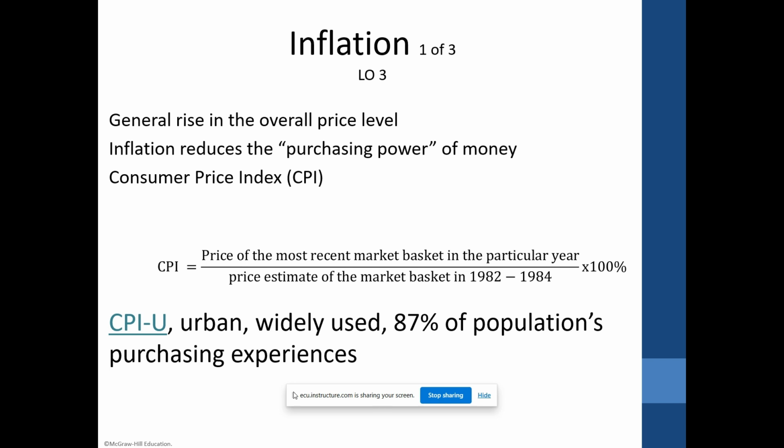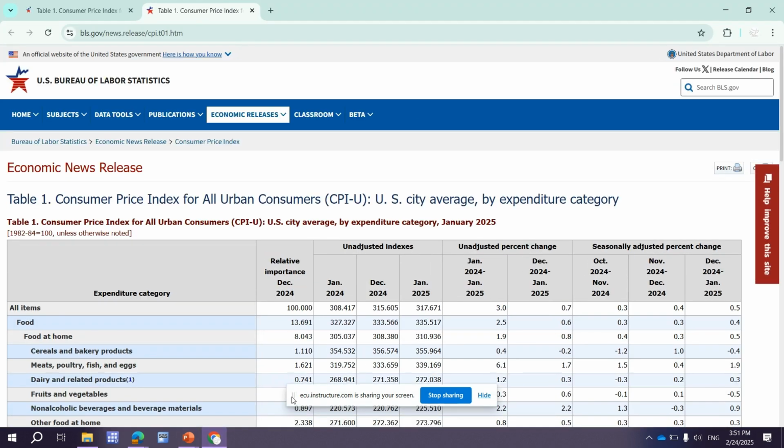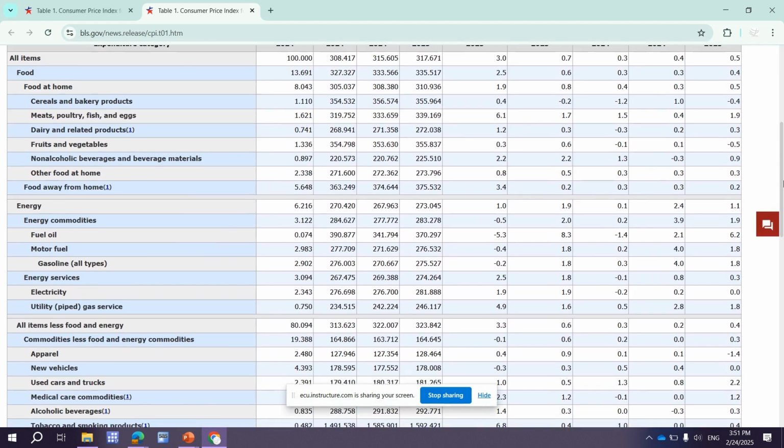The Consumer Price Index for all urban consumers, CPI-U, is the inflation index the mass media reports.